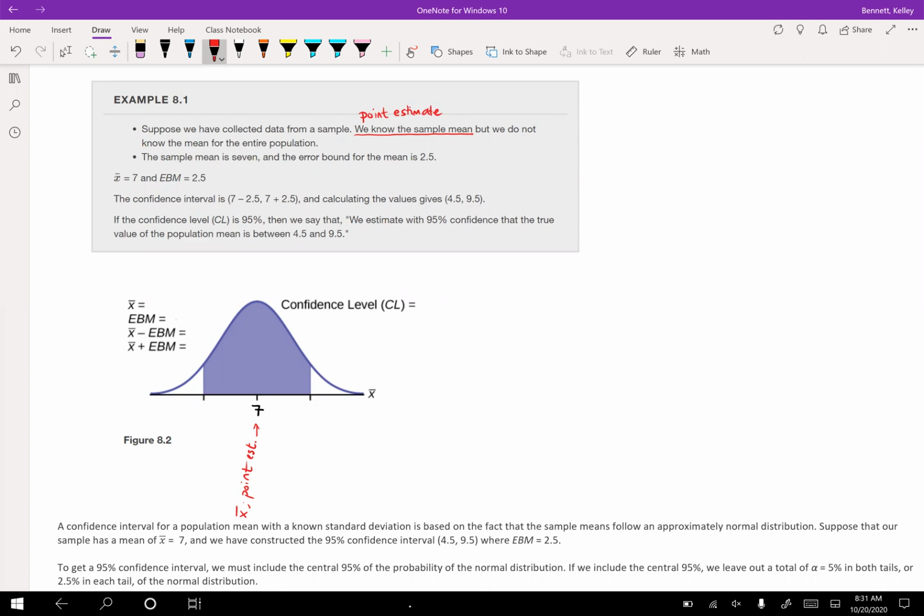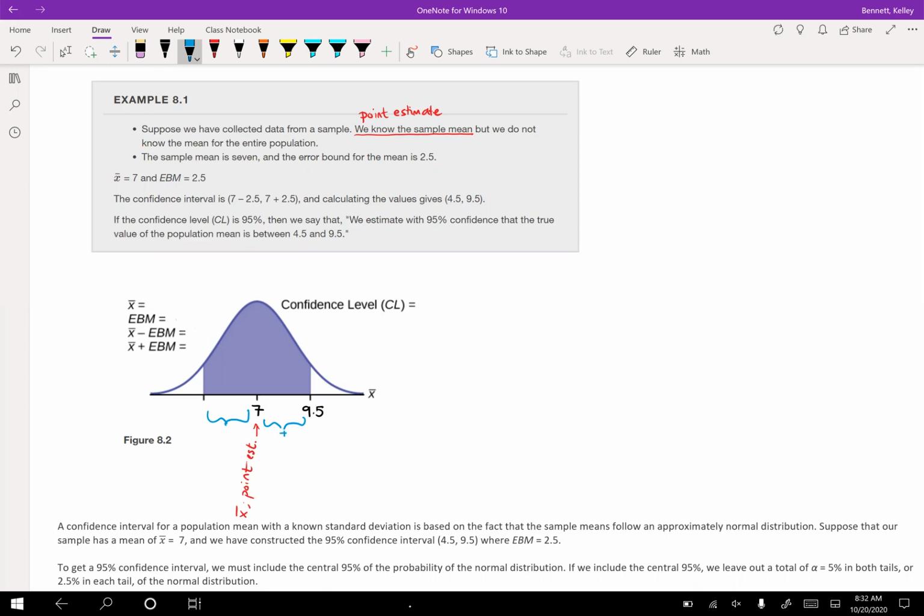Then it says that the error bound is 2.5. So that means that I'm going to go up to 2.5, and that's going to give me 9.5. So here we have this distance and this distance, right?